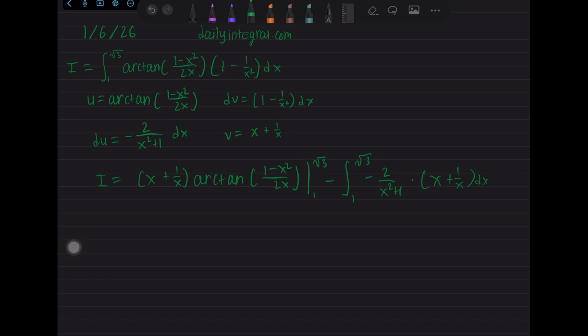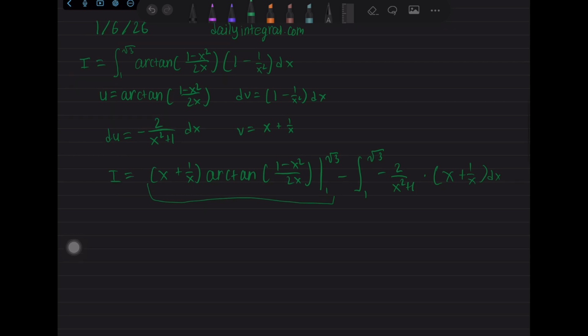Let's first simplify this part right here. We're going to have root 3 plus 1 over root 3 arctan of, okay, let's do some mental math here. 1 minus 3 over 2 root 3. That's going to be negative 2 over 2 root 3, negative 1 over root 3.